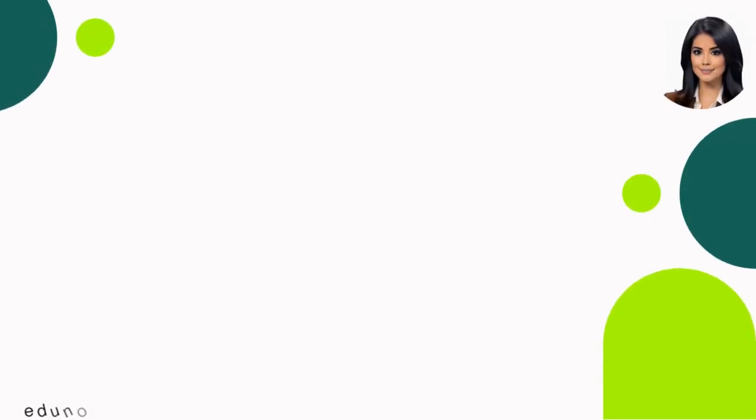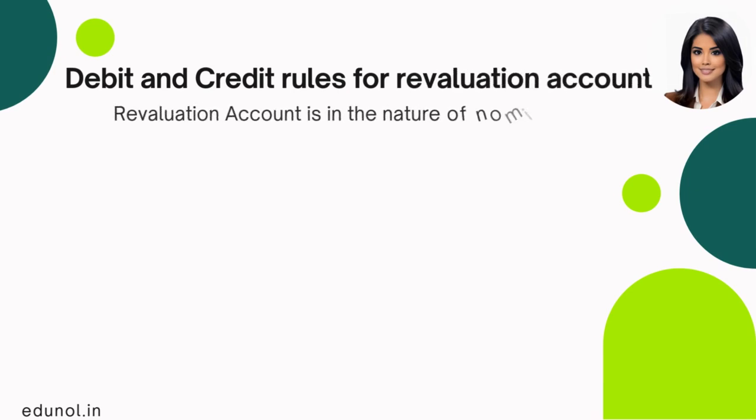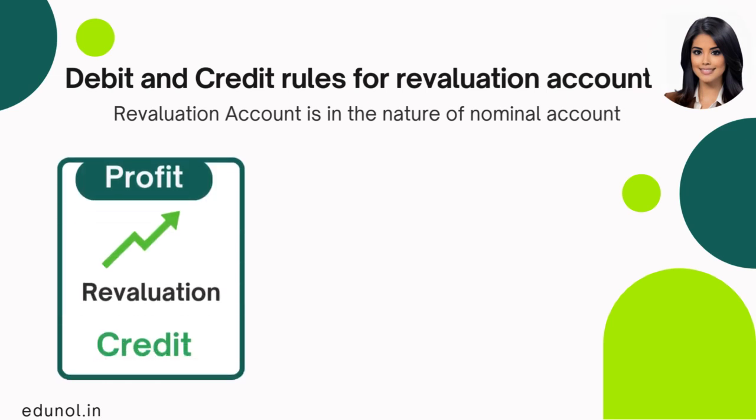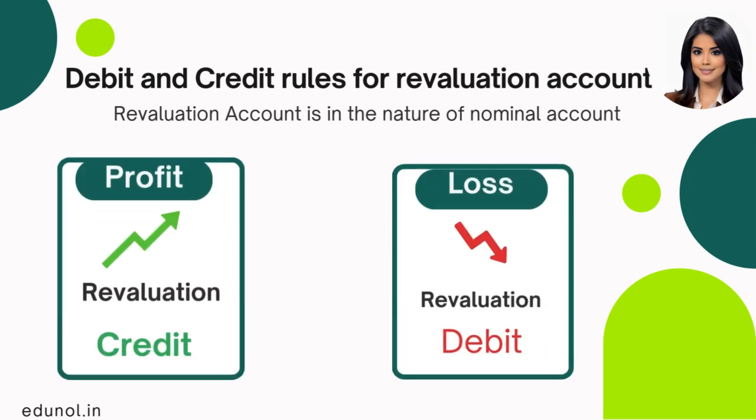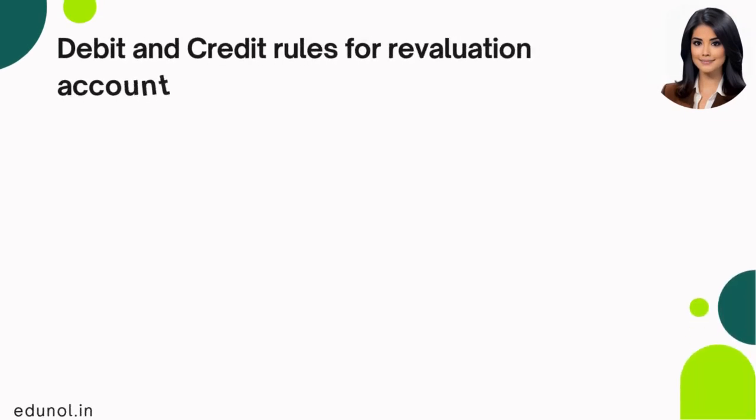Let's now discuss the rules for debiting or crediting the revaluation account in the journal entry. If due to revaluation, there is a profit, then revaluation account gets credited. If due to revaluation, there is a loss, then revaluation account gets debited. Now we combine the rules learned in earlier slides and get the following final rules for debit and credit of revaluation account.